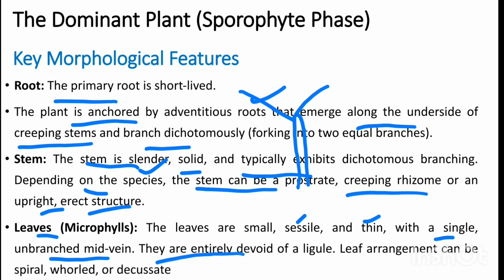They are entirely devoid of ligule. Some pteridophytes have a ligule, that means a small extension at the base of the leaf, but Lycopodium lacks a ligule. Leaf arrangement can be spiral. They can be spirally arranged on the stem, whorled or decussate.